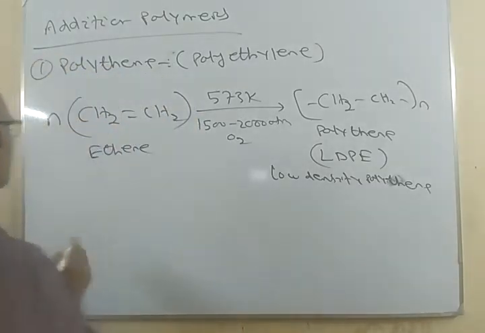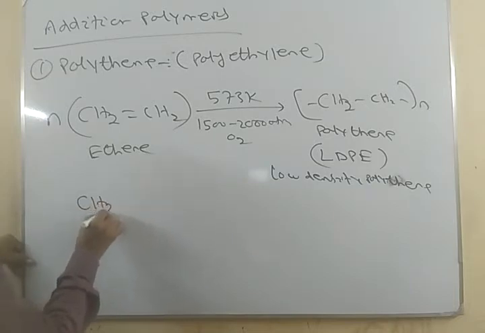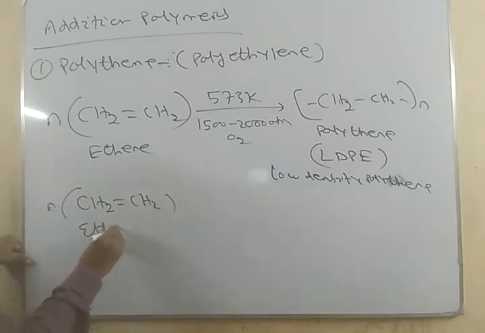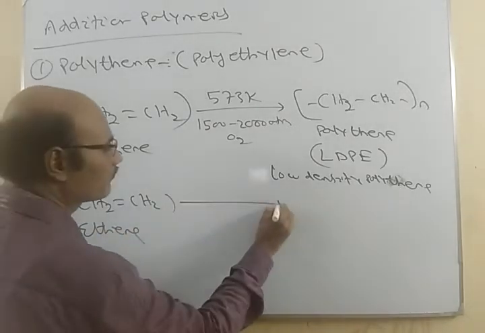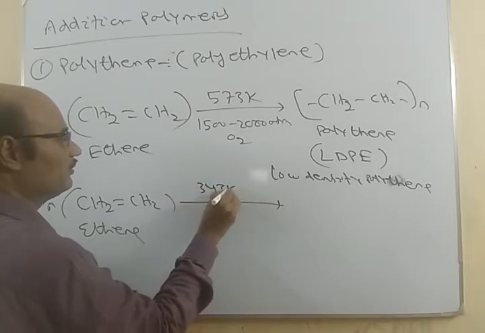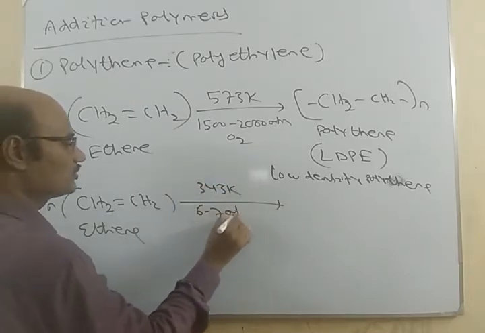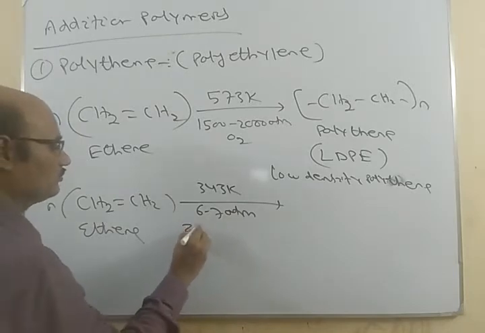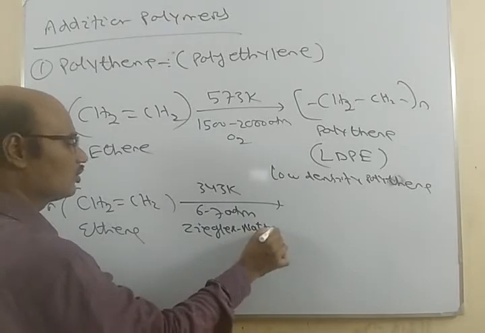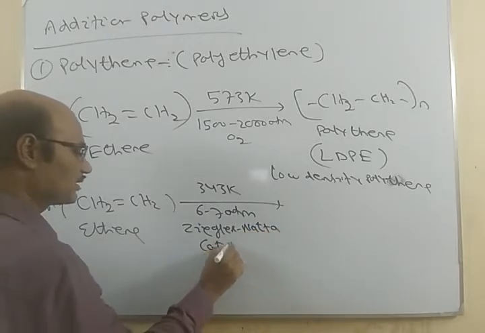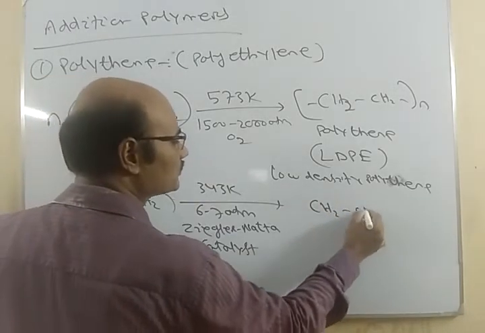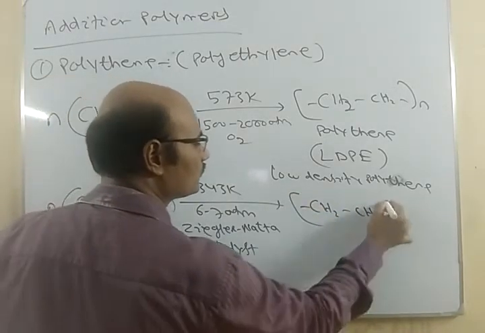And when we take CH2=CH2, ethene, at 343 Kelvin, 6 to 7 atmosphere pressure, and Ziegler-Natta catalyst, we get (CH2-CH2)n.